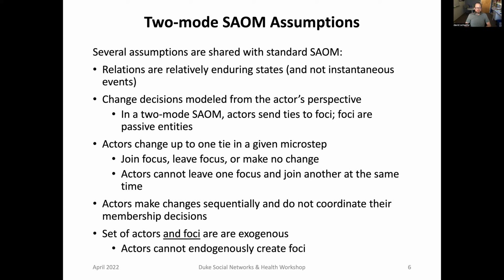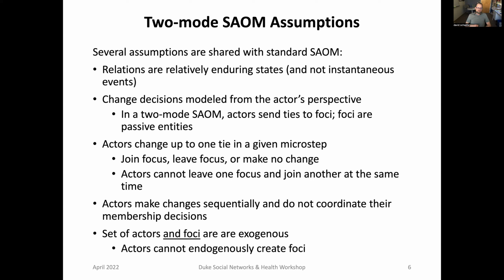Change decisions are modeled from the actor's perspective. So in the two-mode SAOM, actors send ties to foci. Foci are just there to receive ties. They don't do anything themselves, although they can have attributes that actors use to make decisions about which foci to send a tie to. Actors change up to one tie in a given microstep.